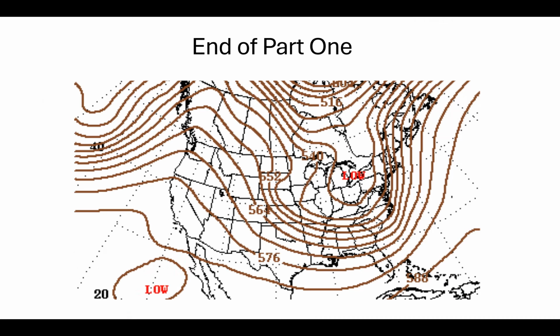Okay, this wraps up part 1 of this training video on pressure and temperature advection. In part 2, we are really going to get into the meat and potatoes of meteorology: what happens to the ridges and troughs, with the intensity of both.